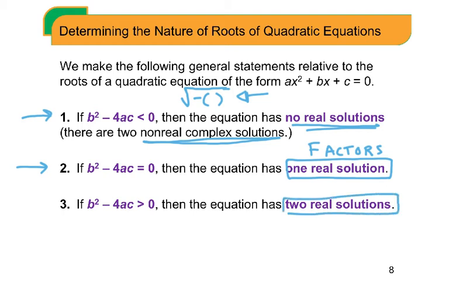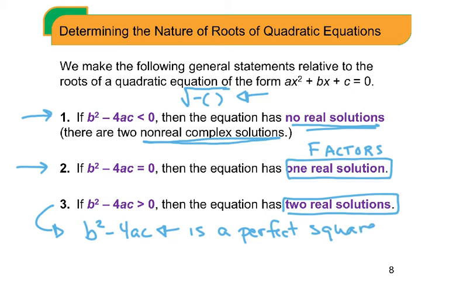Now, how do you know if this one factors? If b squared minus 4ac is a perfect square, in other words, if you ended up like with the square root of 49, which equals 7, then it factors.